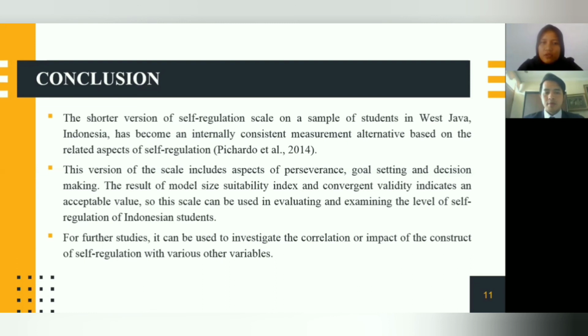The result of model size suitability index and convergent validity indicates an acceptable value. So this scale can be used in evaluating and examining the level of self-regulation of Indonesian students. For further studies, it can be used to investigate the correlation or impact of the construct of the self-regulation with various other variables.